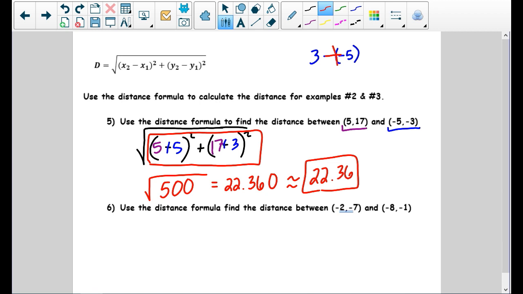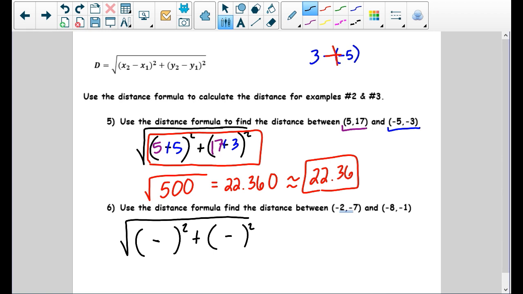Alright, you guys are going to try number 6, okay? So again, start with your formula, square roots, right? Parentheses squared plus parentheses squared, subtraction inside. Plug your numbers in, calculate the inside of the square root, then square root, get your answer.